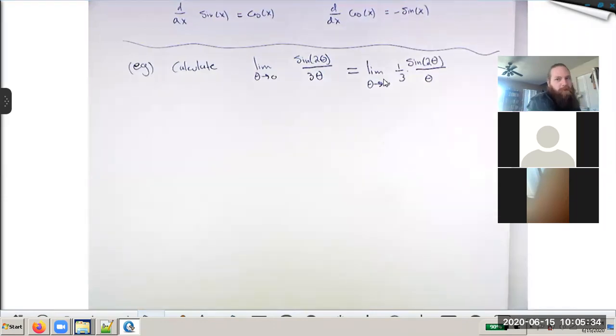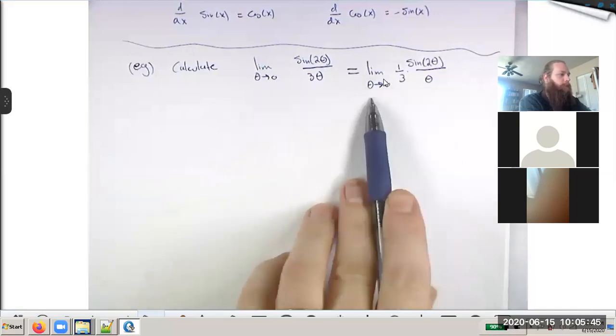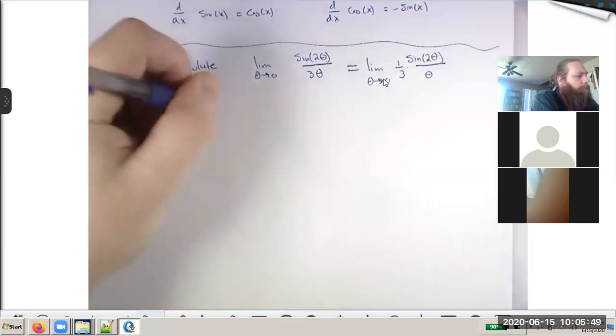I hope you do, because it's true. We multiply fractions straight across, so if you were to multiply that fraction with the other fraction, you would get the thing we started with. And the good news is this 1/3 is totally constant, right? No thetas in it. So it can come out front of the limit.